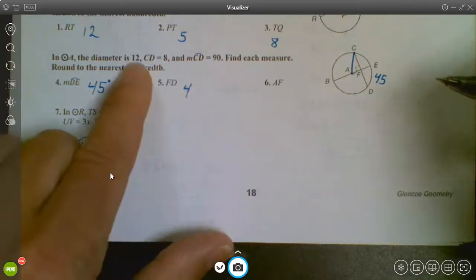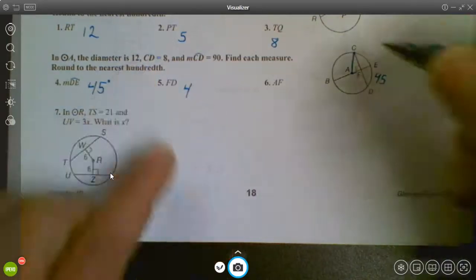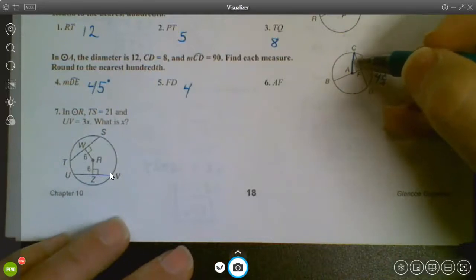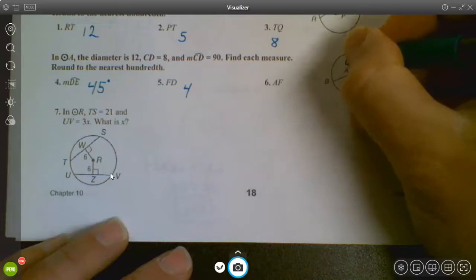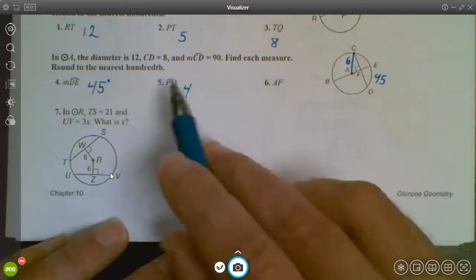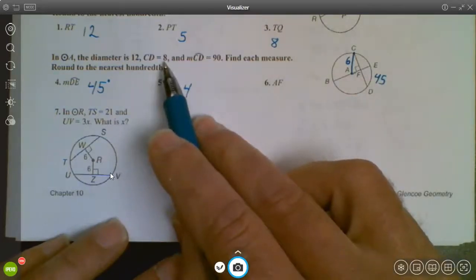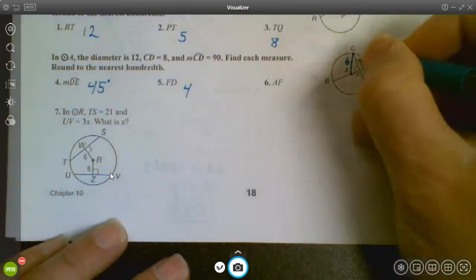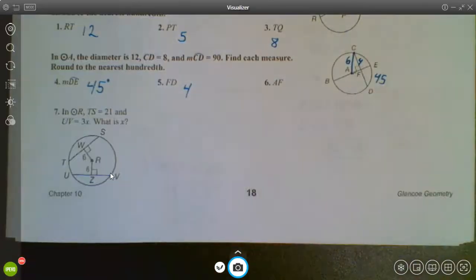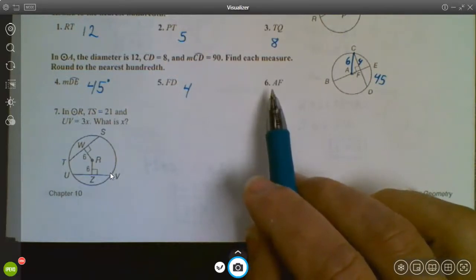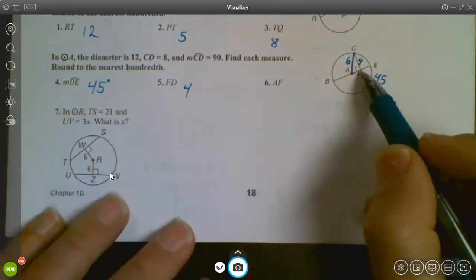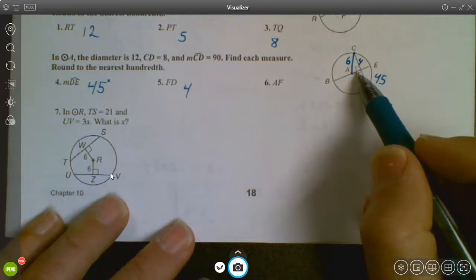So if the diameter was 12, that would make a radius 6, because the radius is always half the diameter. We also figured out that because of this information, CF is 4. And so now we can use some Pythagorean theorem to come up with AF, which would be the last leg of that little triangle right there.